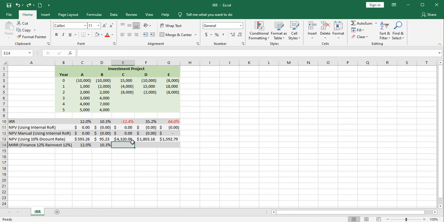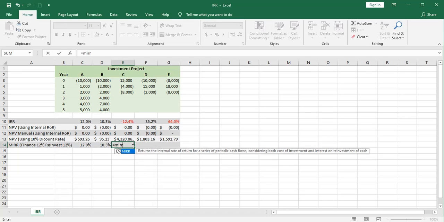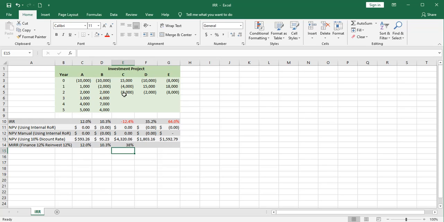Now for these, I will re-enter since I only have 3 values, and we'll go with 12%. So I get an answer there on project C that seems a lot more reasonable, given the net of all cash flows with no discounting is $3,000, and the numbers involved here.